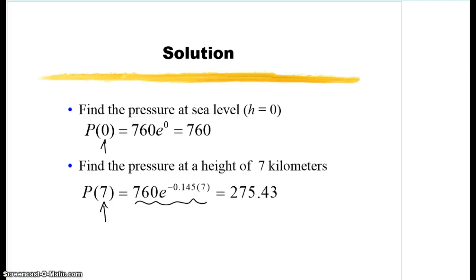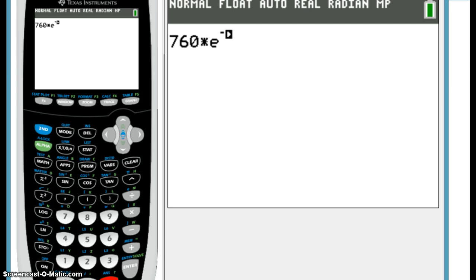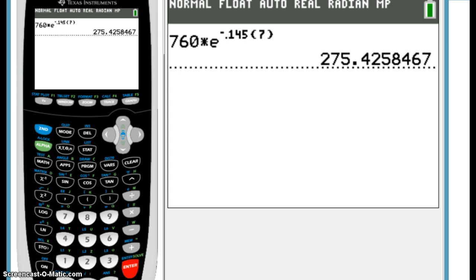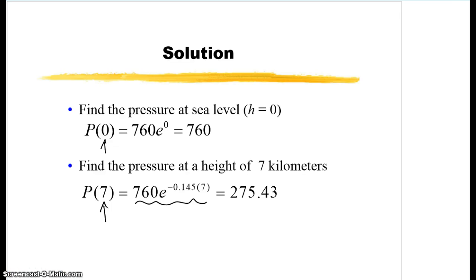And once again, the power is 0.145 times 7. So we do 0.145, I don't think I got the decimal point. There's the 0.145 multiplied by 7 in parentheses like this. Okay, and then we hit enter. And that gives us 275.4258467, which in our notes we rounded to 275.43. So that's how you would do this in your calculator.